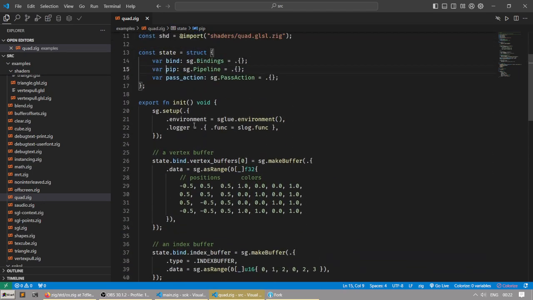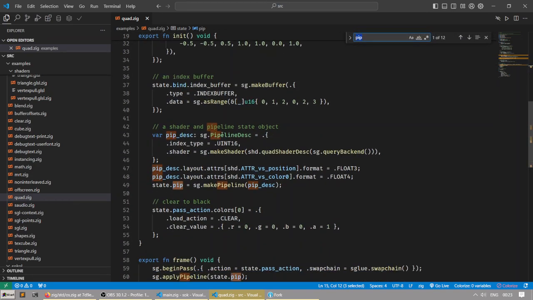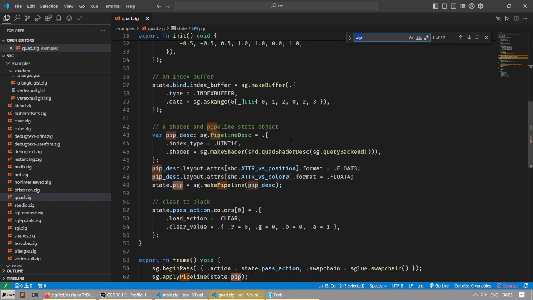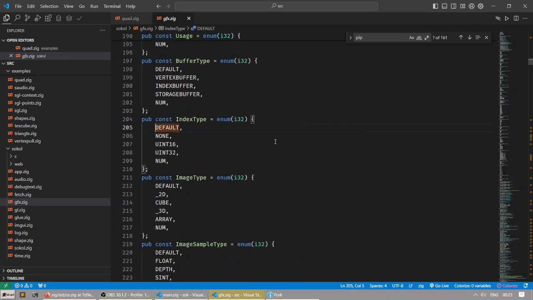Okay, let's see. Where am I initializing my pipeline? Okay, there it is. Index type. So yes, I do have to define an index type. I wonder what it is by default. The index type says .default. But what is the default?